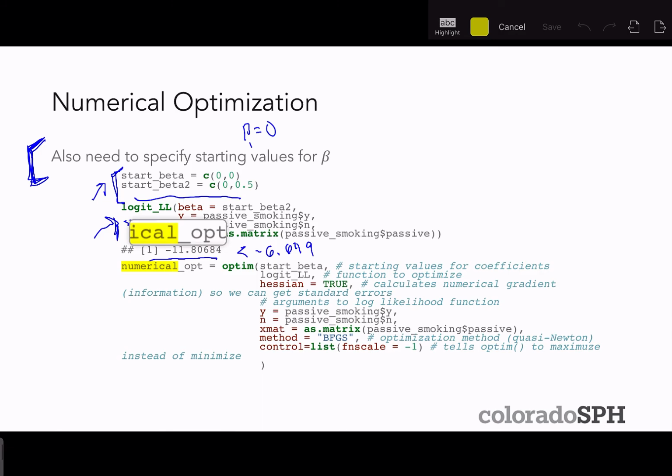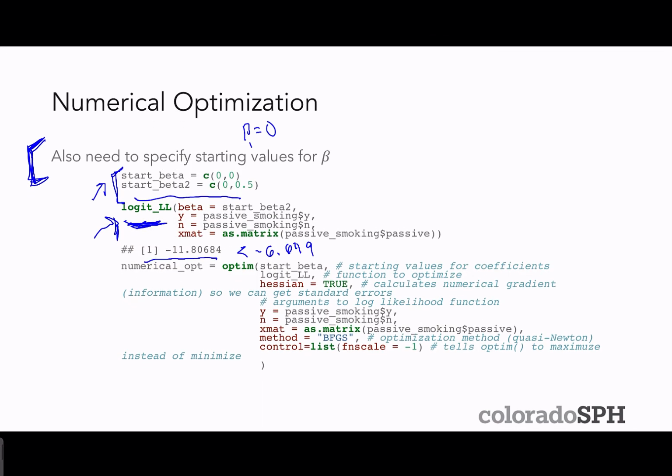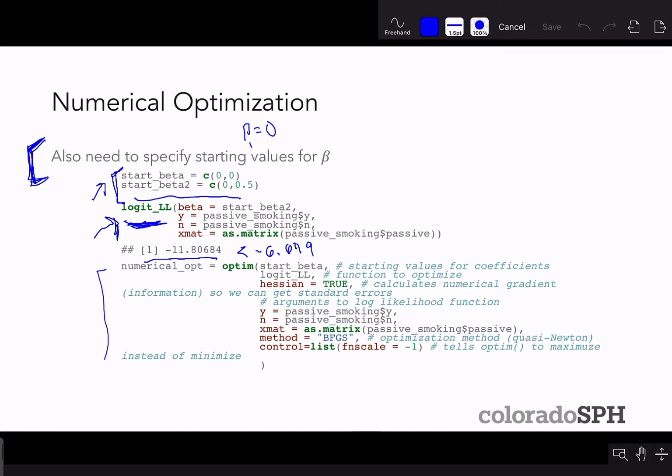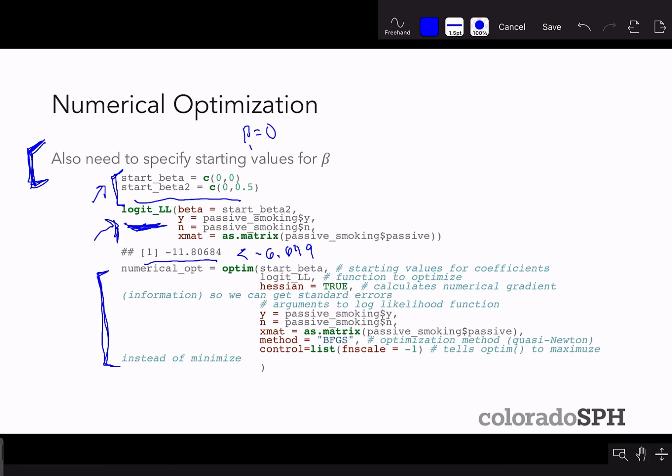Okay, so in the second code chunk down here is where I actually call the numerical optimization algorithm that allows you to calculate an MLE value for beta. And you can do this using this function optim, which just comes as part of base R. There are several arguments for this function that you have to plug in. The first are starting values for your coefficients. This is start beta.